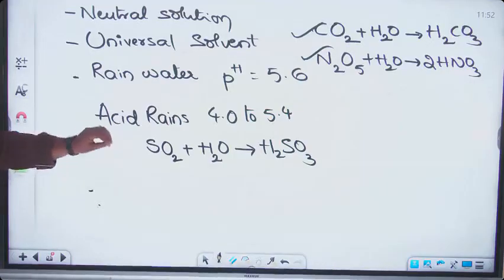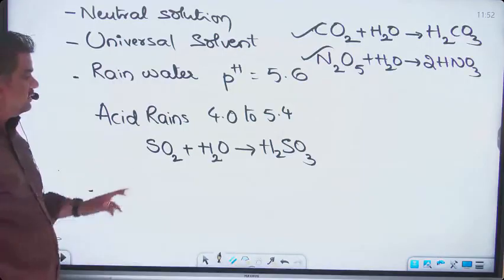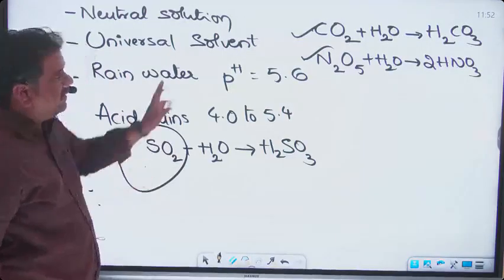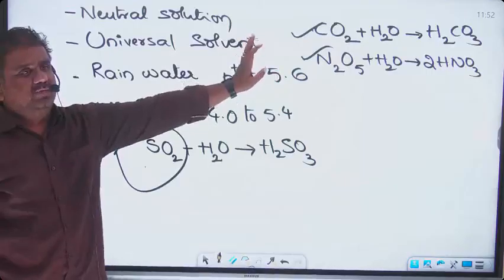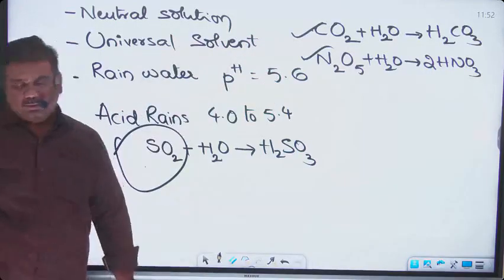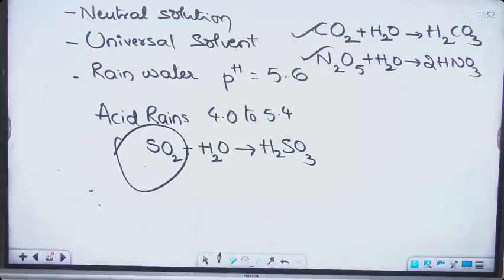సో రెయిన్ వాటర్ ఈజ్ acidic in nature because of the presence of sulfur dioxide along with oxides of carbon and nitrogen.